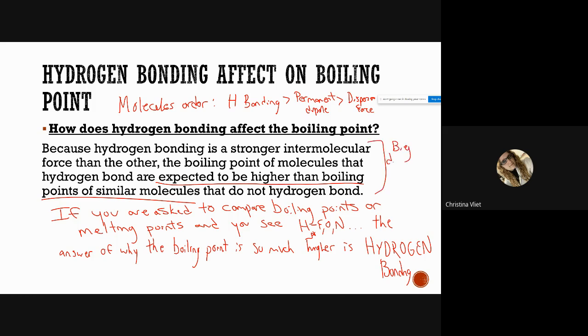Big difference in electronegativity equals extra strong attraction. And so that's why it's hydrogen connected to one of the three most electronegative elements, because it gives you the biggest difference in electronegativity, which gives you the strongest overall attraction. And so stronger attraction means it requires more energy to boil than you would expect.